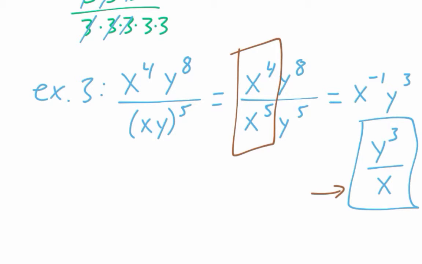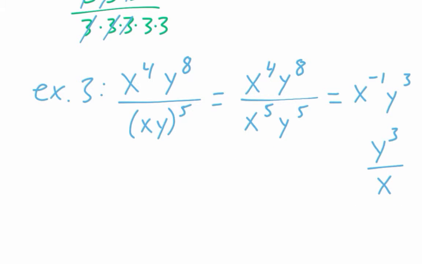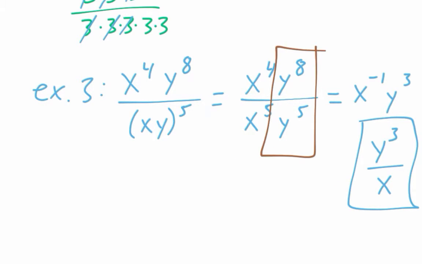Then when I look at my y's, I have more in the numerator. How many more are there? 3. So you end up with y to the 3rd in the numerator. I just think that's way faster. But if that messes you up, then do your little subtraction, and then figure out whether you have to move it or not, and so on. But good? That makes sense to everybody? It's just way nicer. Okay.